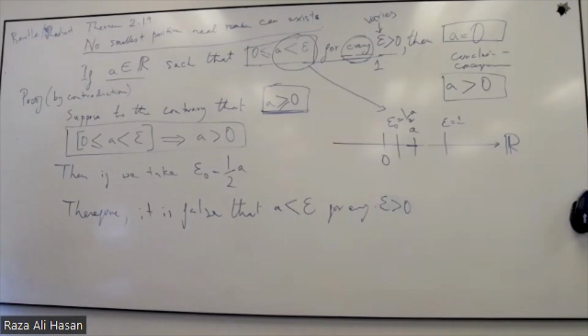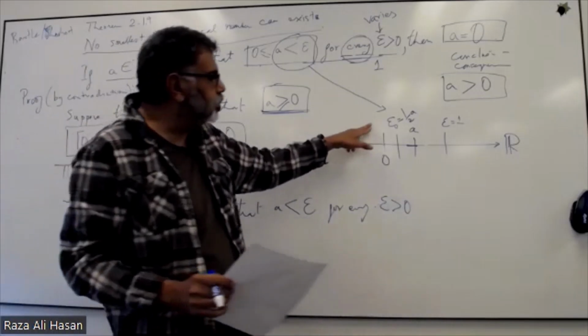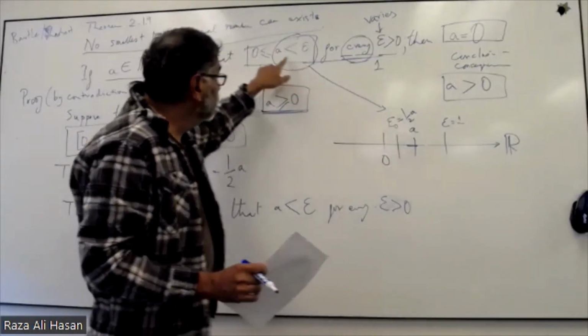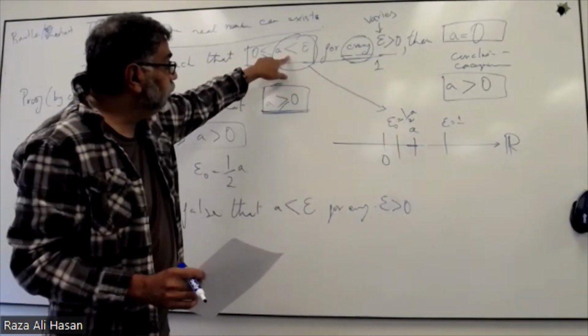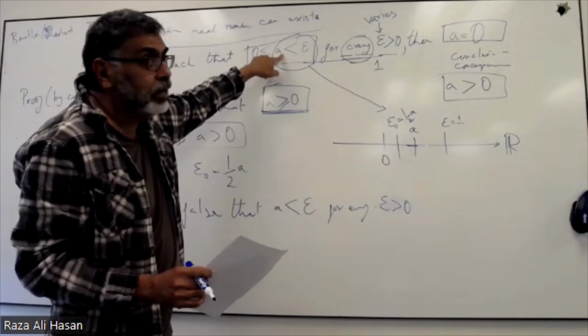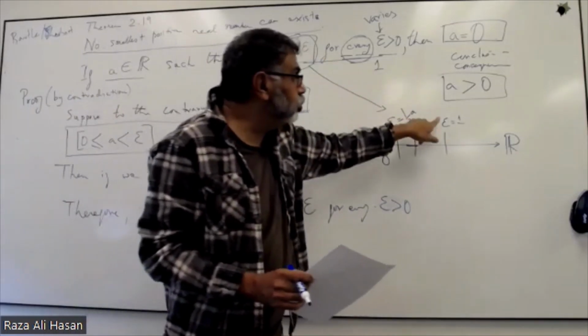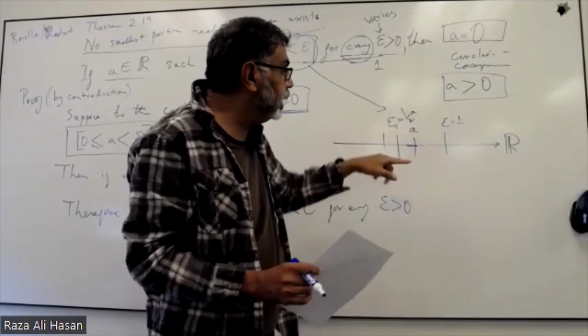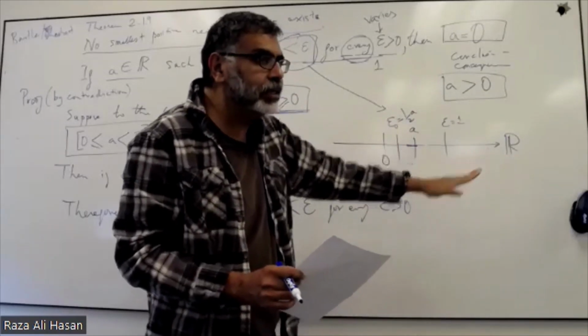So what is this weird statement that the textbook authors wrote? What is he saying? After we do that, we find the epsilon to the left of A, which contradicts this assumption, which is that A better be always to the left of epsilon. When we choose a smaller epsilon, the A ends up being to the right side of that.